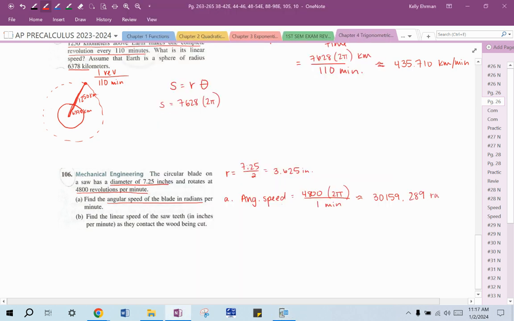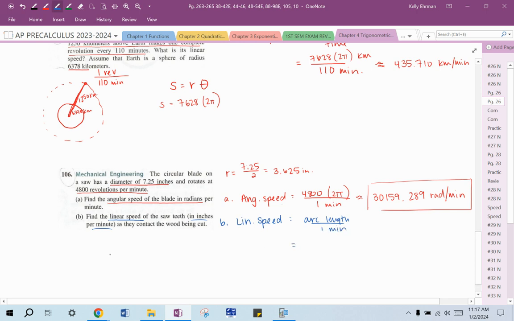That would be radians per minute. Okay, part B says find the linear speed, so in inches per minute, as they contact the wood being cut. Okay, so the linear speed, remember, that's the arc length divided by the 1 minute we're talking about.